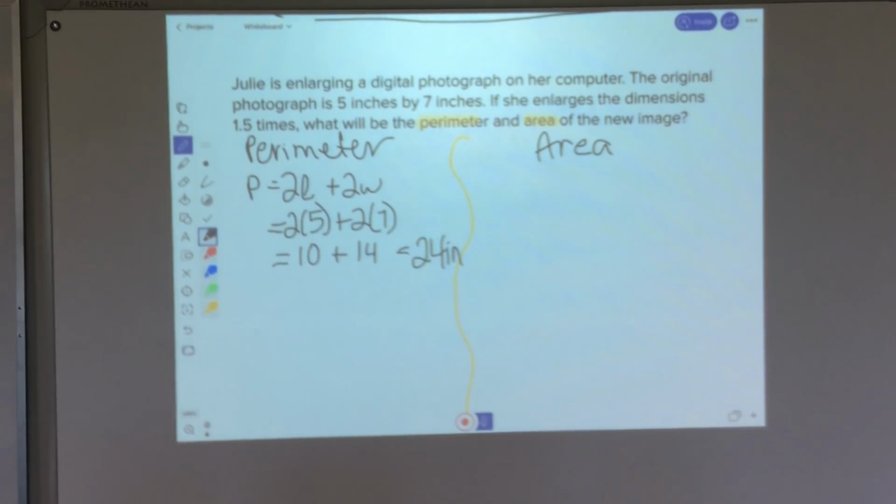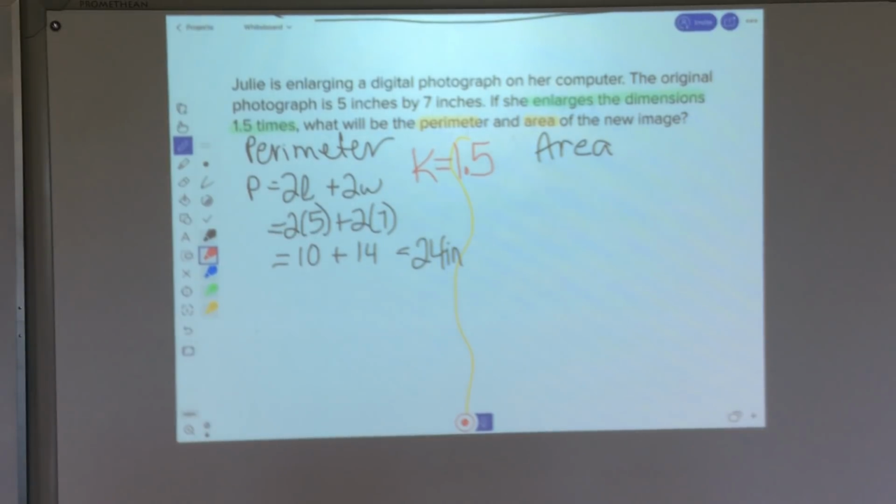Okay? So then if we want to find the new perimeter, what we need to look for is our scale factor. Okay? And they tell us in this problem that they are enlarging the dimensions by 1.5. So what they're giving us right there is our scale factor for our problem. They're telling us that k equals 1.5.